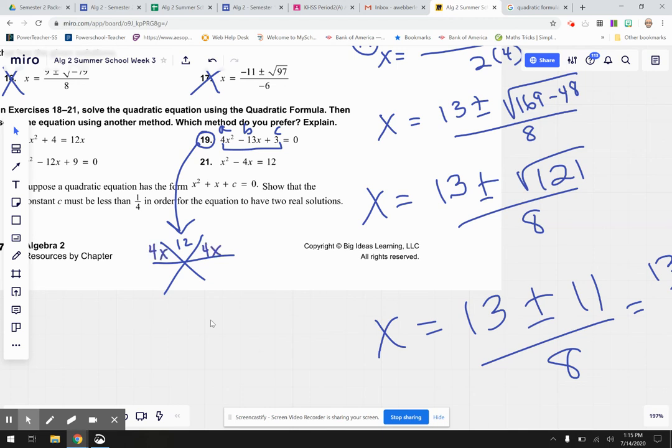The bottom is the middle number, negative 13. So I need two numbers that are going to multiply to give me a positive 12 and add up to a negative 13. It's got to be negative 12 times negative 1. It's the only possibility. Negative 12 times negative 1 is a positive 12 because they're the same sign, and when you add the two negatives, you keep it negative.